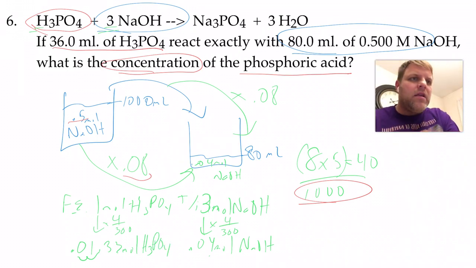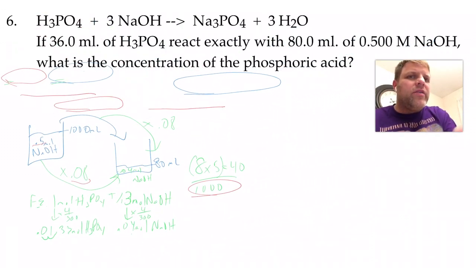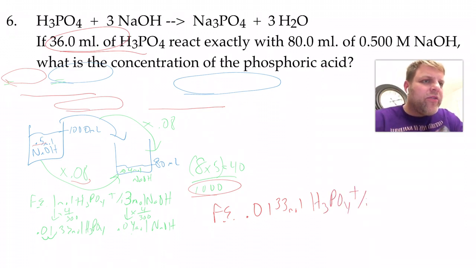Back over here, we've got only 36 milliliters of this H3PO4. So for every 0.0133 moles of H3PO4, there is 0.036 liters of H3PO4. Okay, and I need this to be 1 liter of H3PO4.